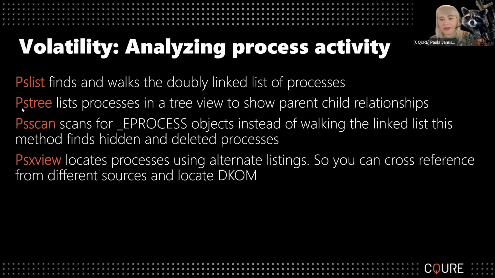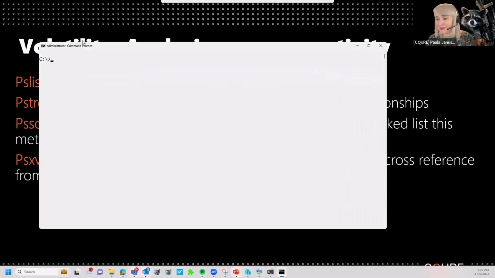Good. But the problem is that PS list may not always show you things, and PS scan might show you things in a different way. So when we are thinking about what's the difference, first let me show you the problem, and then we're going to show the explanation why this is the case.